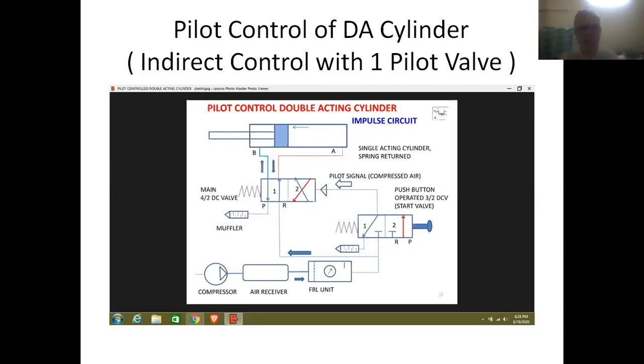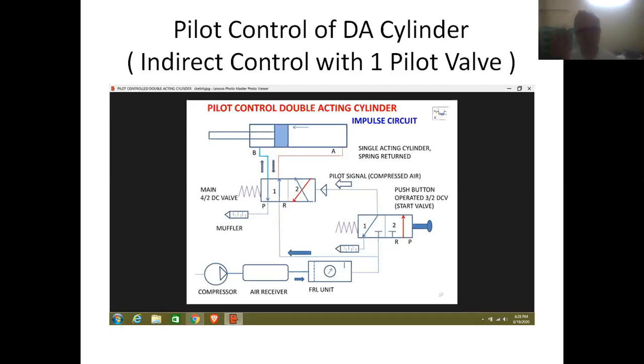So friends, these are the major components of this particular arrangement, and as already mentioned, different pipelines are used for connecting different elements of the circuit.